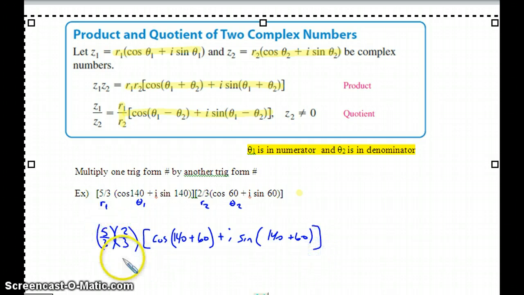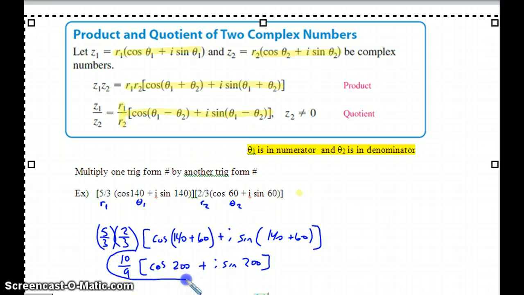So multiplying this out, this is going to give me 10/9 times the cosine of 200 degrees plus i sine of 200 degrees. So this would be my answer if I was asked to leave it in trigonometric form. So this is trigonometric form.